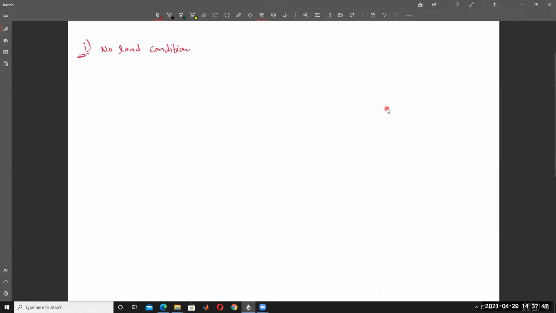First all of you write the given data, then do this problem. Supply phase voltage V phase is equal to VL by root 3, you know well. So find this first.